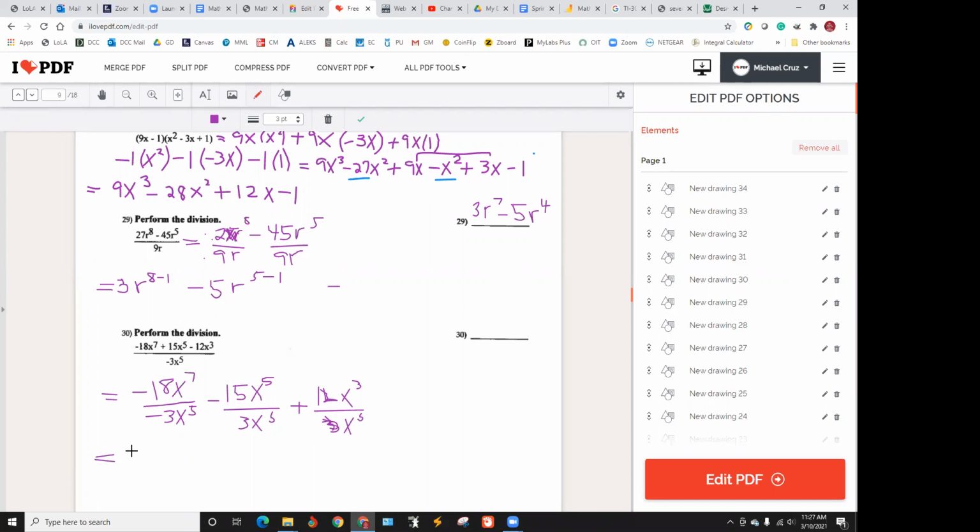So 3 into 18 is 6. 5 from 7, yeah, is 2. And then this is negative. 3 into 15 is 5. Now, x5 over x5 is just 1. So if you wanted to do it, it's 0. So that's just going to be negative 5.